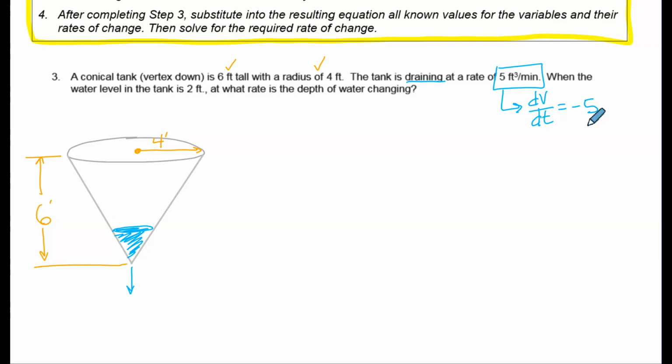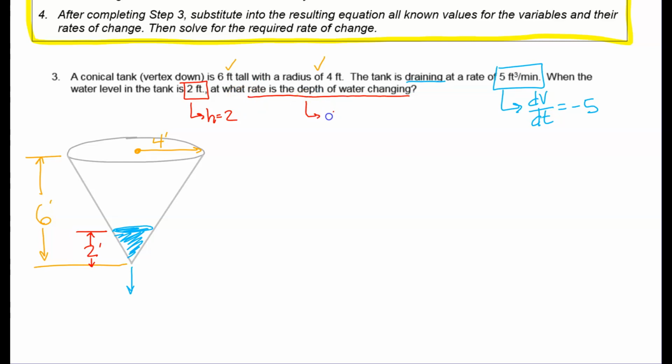Okay, when the water level in the tank is 2 feet, so this is a height of water. And when that water level is 2 feet, we are interested in finding this rate. What rate is the depth of water changing?